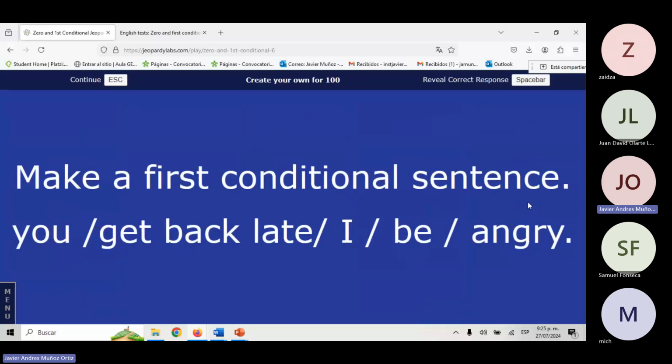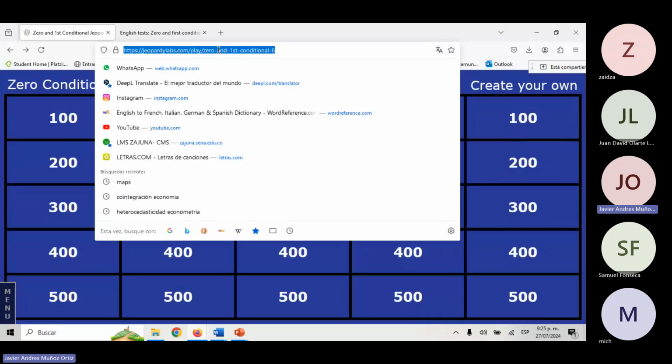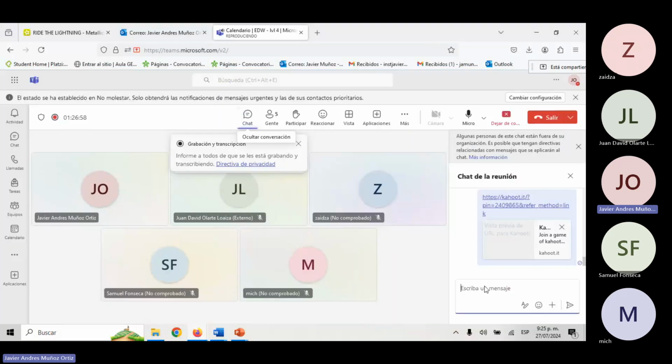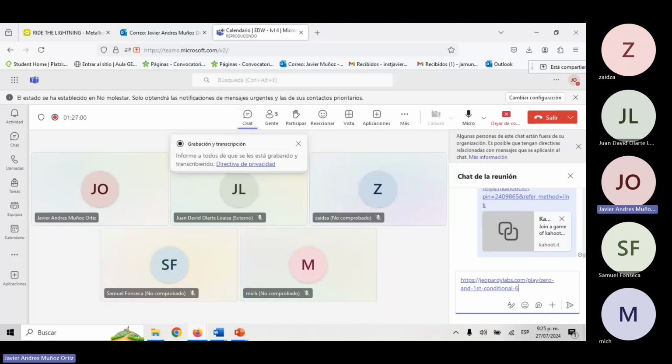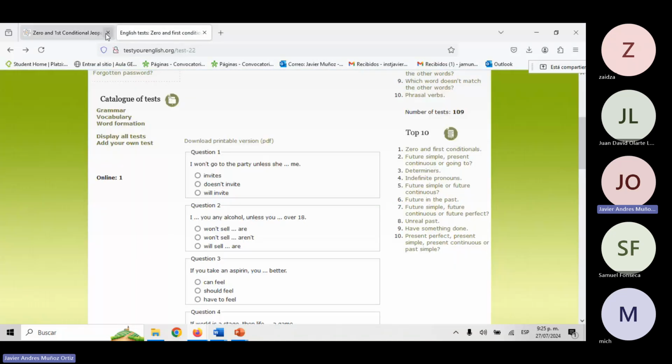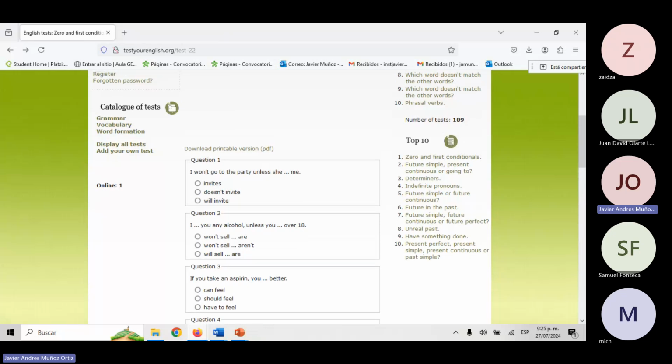You will have to create a sentence with first conditional or zero conditional according to the context. The link is here for you to do it at home, not with me. And the last link for you to do it at home is a test.